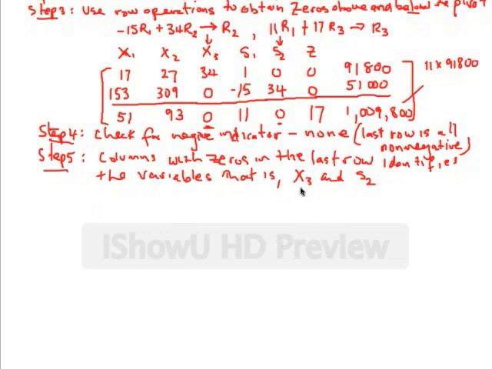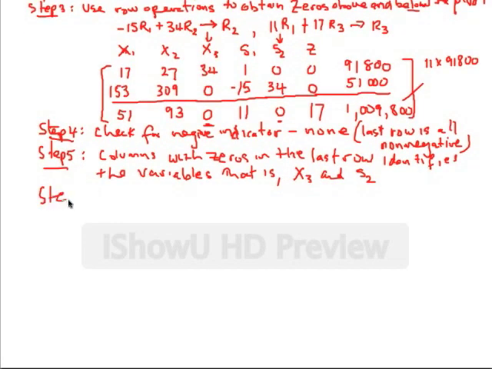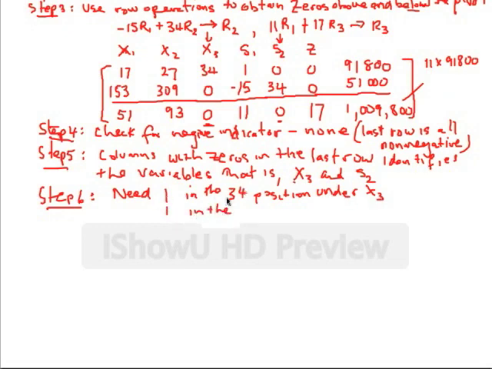Right, so what we need then is, step 6, we need ones in the 34 position under x3, and we need a 1 in the 34 position under S2 too.